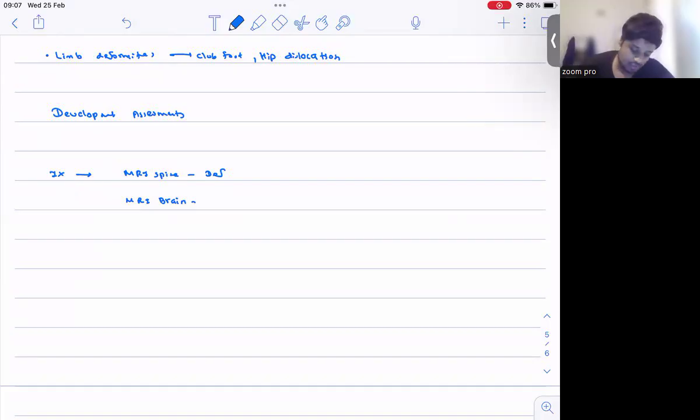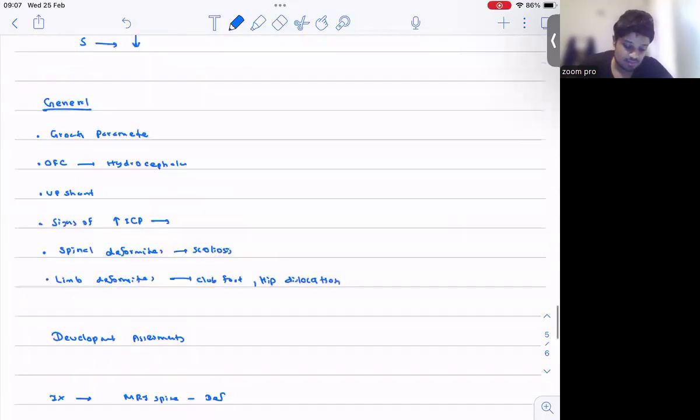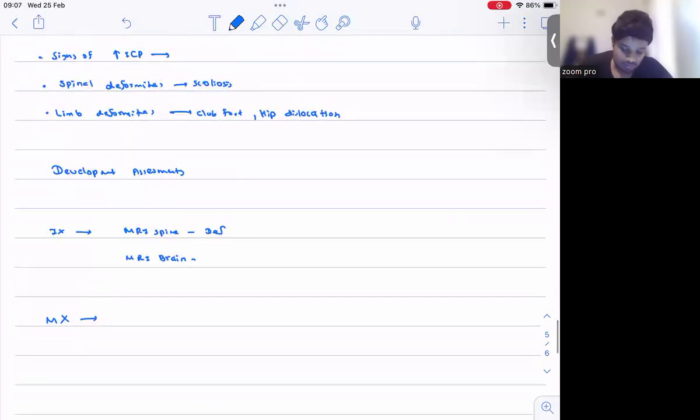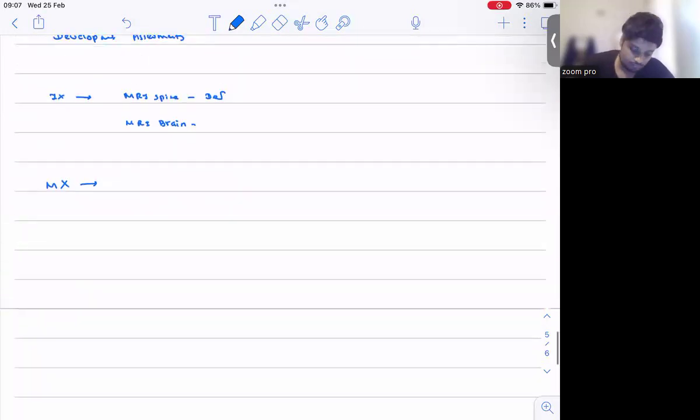Now, management. What are your management steps? You know here there's neural tissue which is coming outside of the body. So the first step is to put a sterile dressing and prevent infection, which can even lead to sepsis.